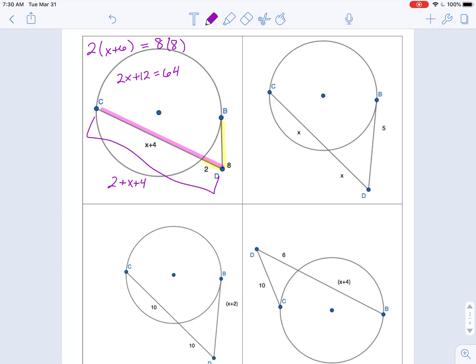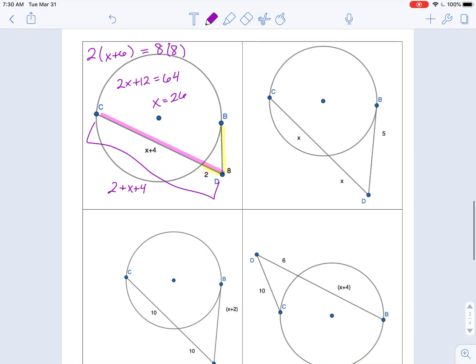So once I distribute, 2x plus 12 equals 64. And then I could solve for x. And x is 26. 52 divided by 2 is 26.